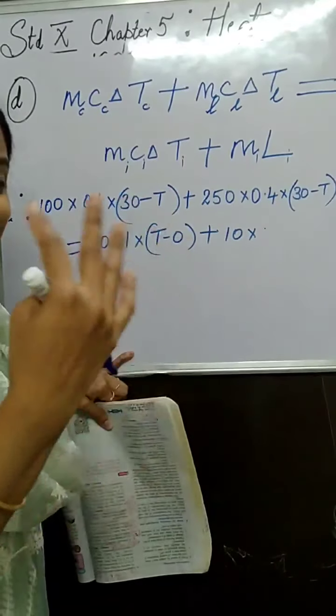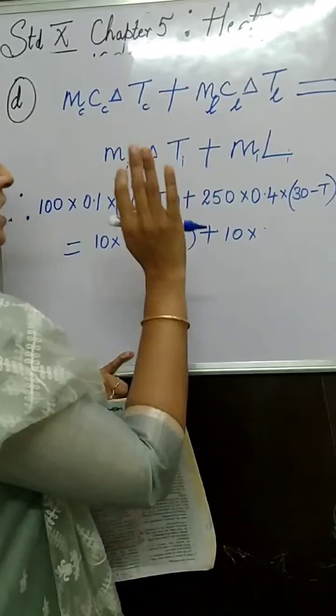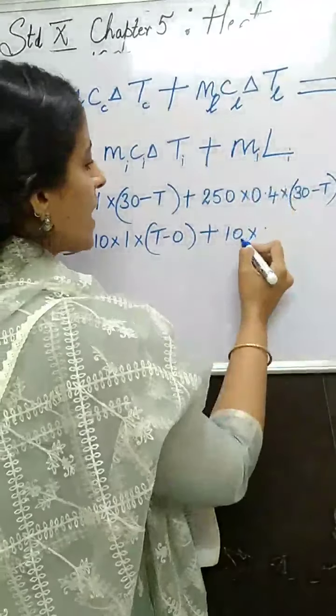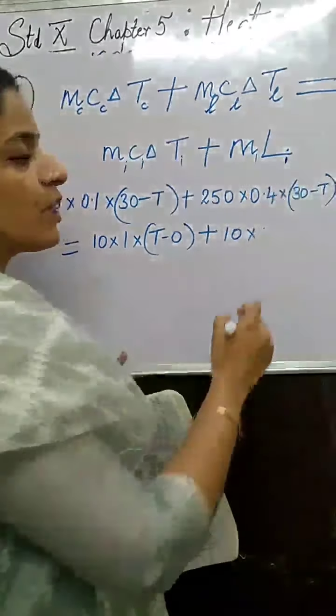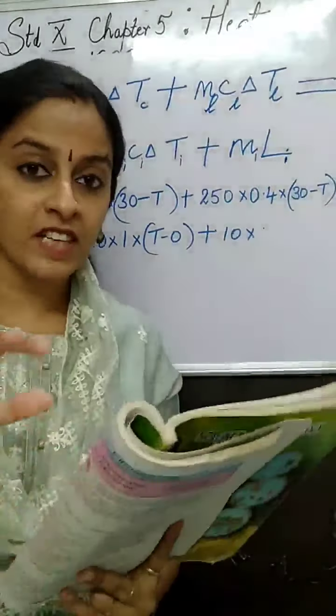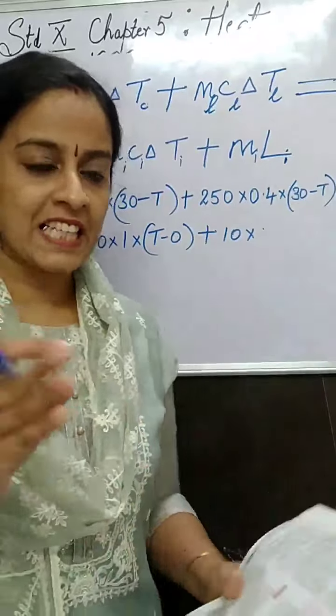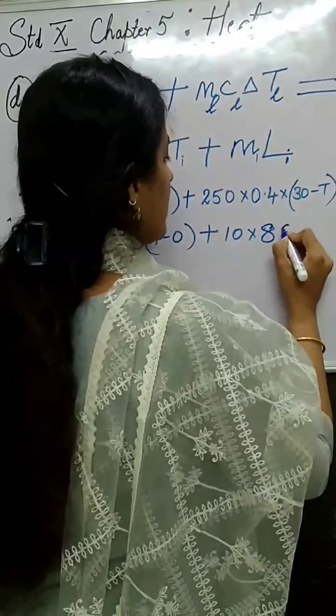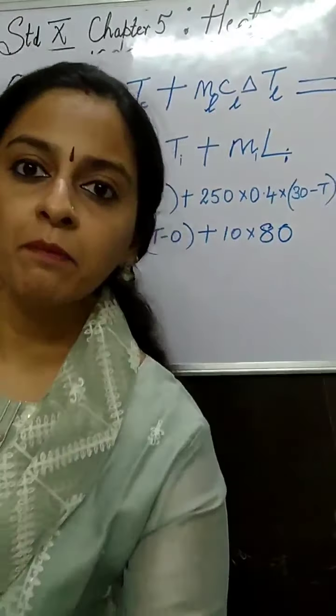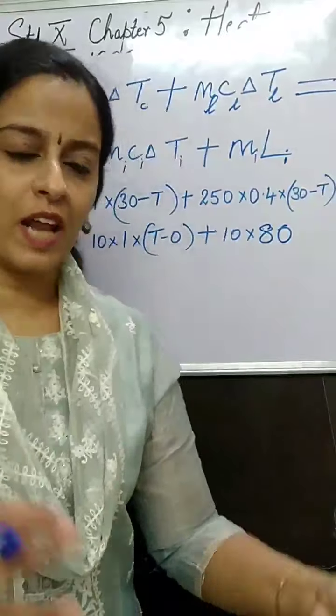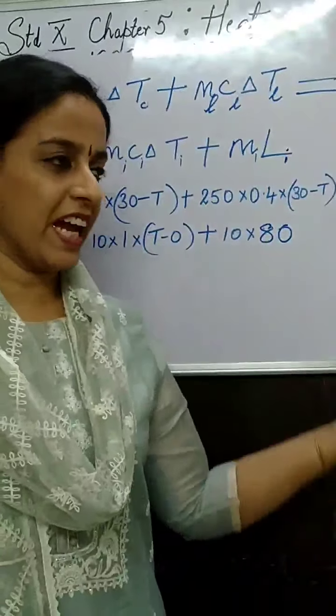The temperature will increase. That temperature we don't know. So T minus 0 plus mass of the ice 10 and this is latent heat of fusion. It is given in the previous sum. Latent heat of melting of ice is given, no? 80. So same you will write here. Okay. Calorie per gram and kilocalorie per kilogram, the value will remain the same. 80. Fine.